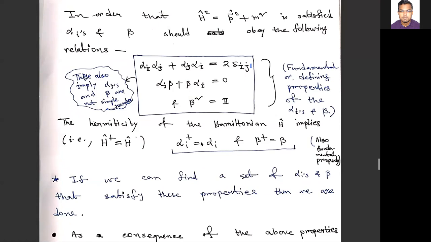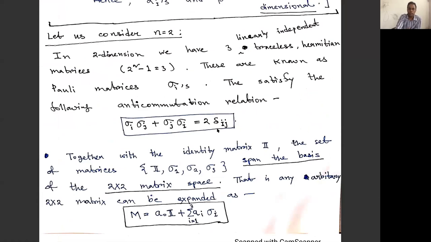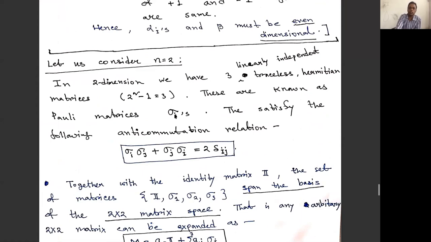in 2 dimensions, we have these 3 sigma i's, the Pauli matrices sigma 1, sigma 2, and sigma 3, and they satisfy this relation. I can simply think of the sigma i's as my alpha i's, because the alpha i's also satisfy the same relation.